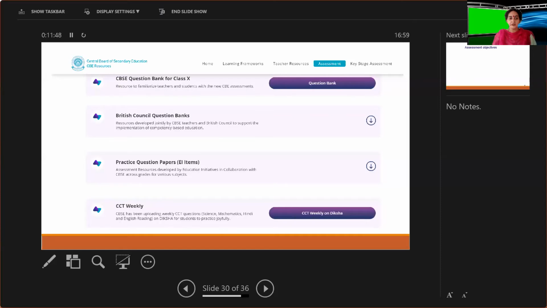You will be able to pick up a lot of resource material for yourself from there. Then you can see the British Council question banks, which you can download. You can see practice question papers, which you can download. And there are some weekly questions for practice, which again you can download.